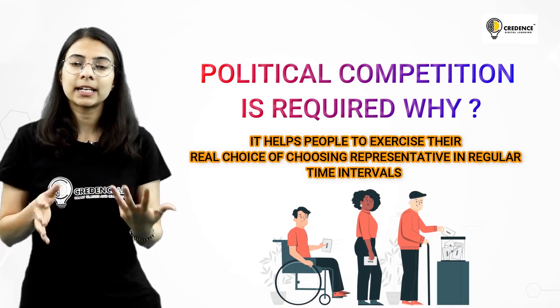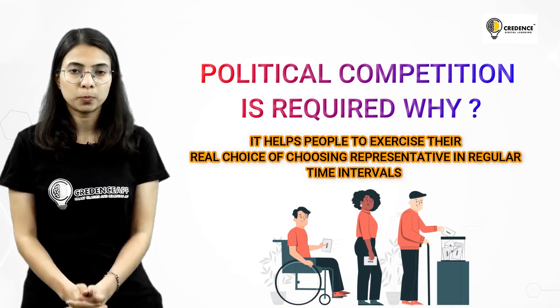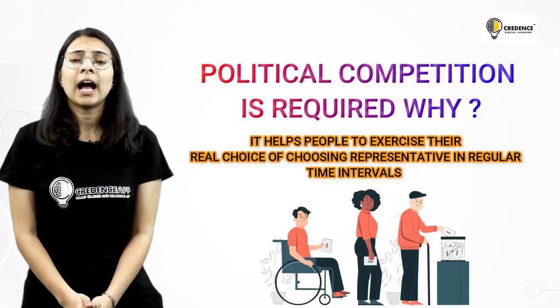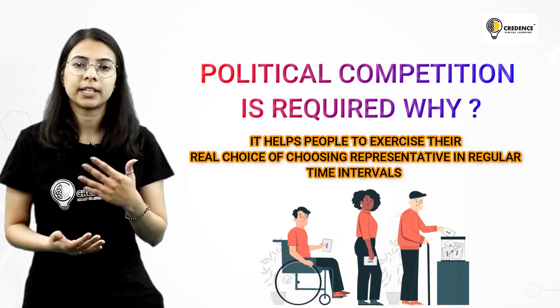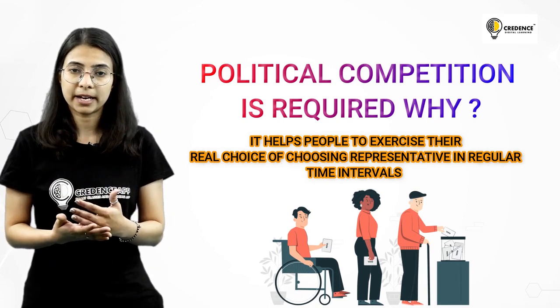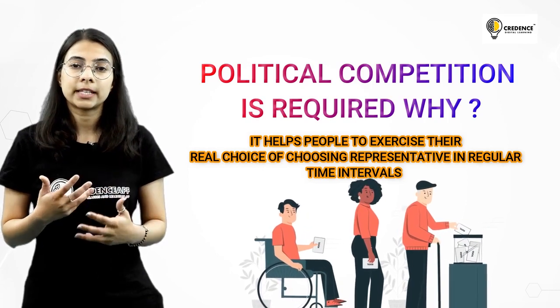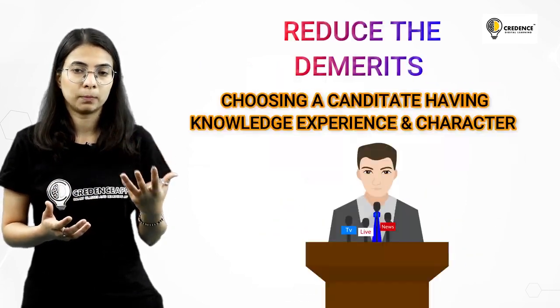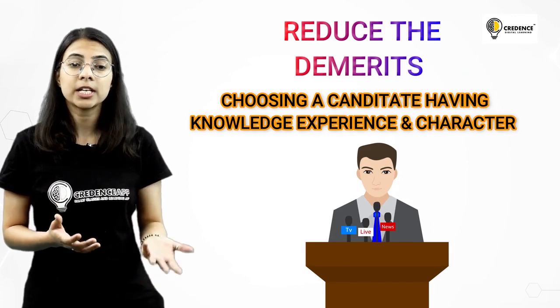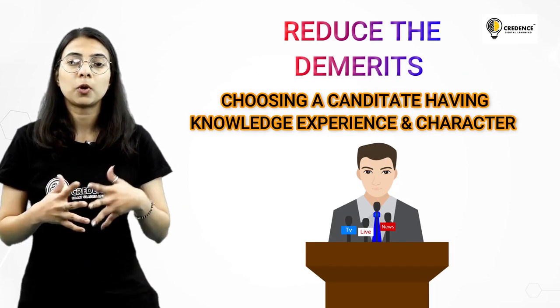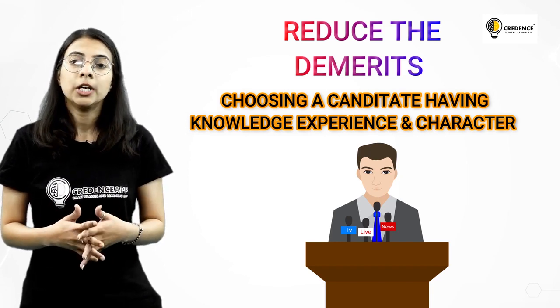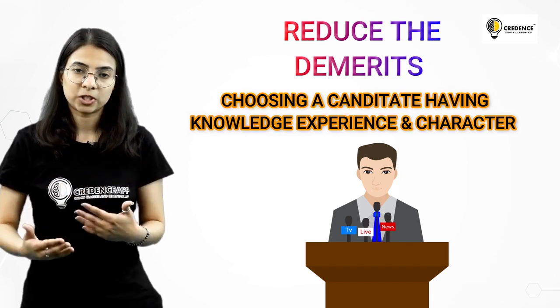So there is a kind of checks and balances with political competition, right? And the demerits we have discussed, we can eliminate or at least reduce with the help of choosing candidates who have particular knowledge, experience, character, etc. So this is how we can use political competition for a country to make elections more democratic.